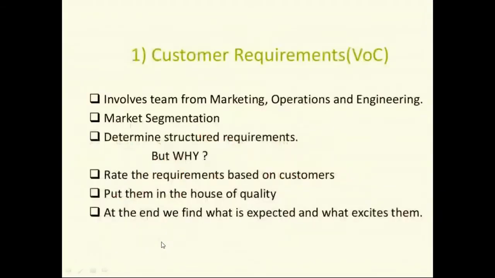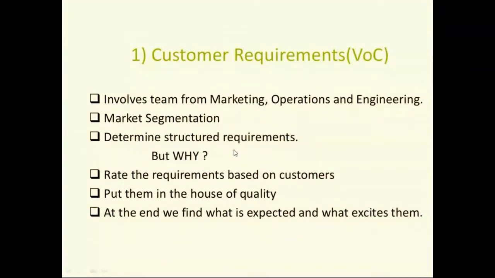So I've explained this step by step, starting with customer requirements. How will you get the customer requirements? If you are in an organization, a manufacturing industry or a service industry, first you will form a team from marketing, operations and engineering. Then your focus will be on market segmentation.